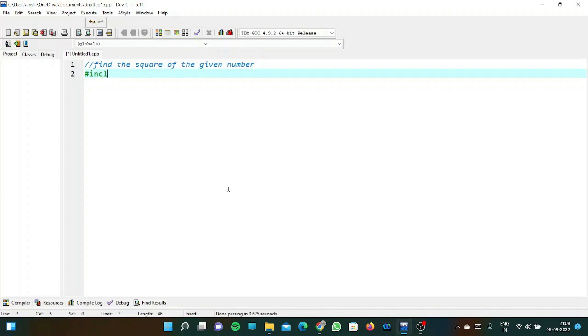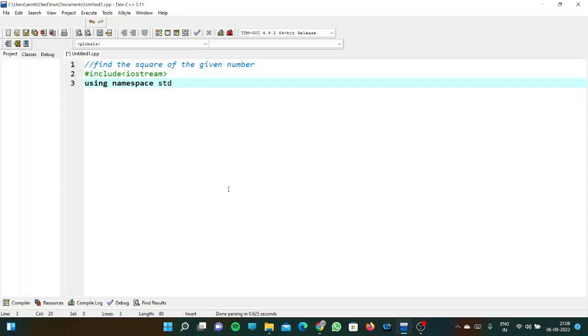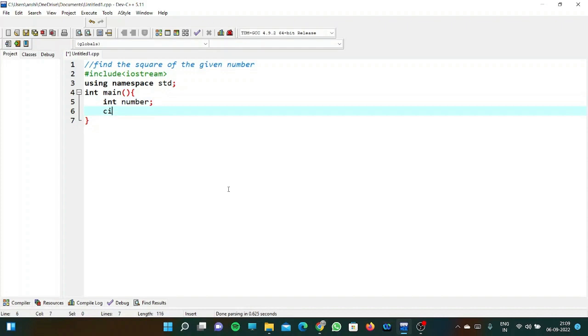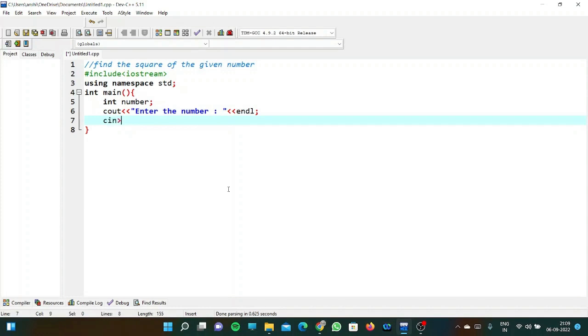So let's start a program with a header file, using namespace std, int main, int number, cout, cin.